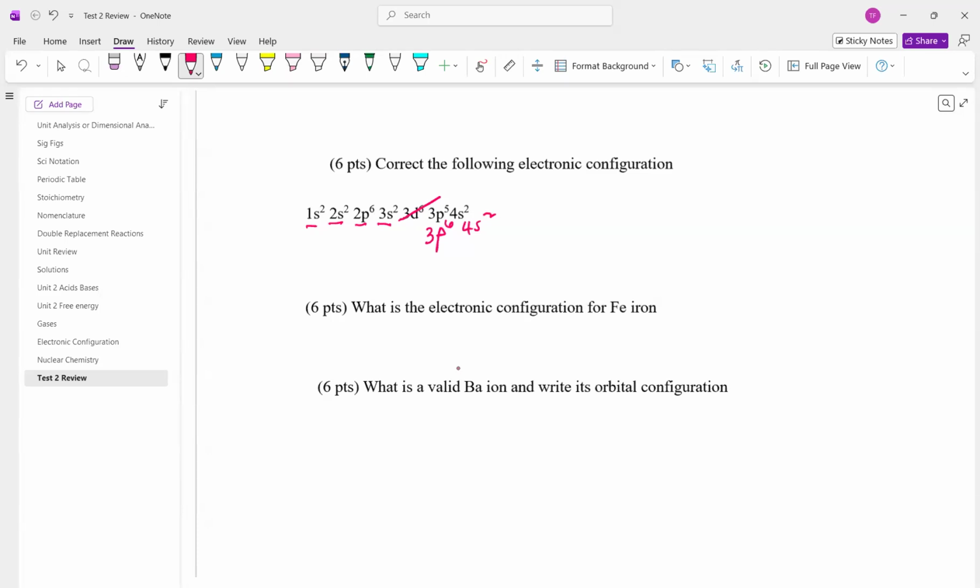Okay? For example, I could go, and that would be fine too. Just basically fill in the gaps it's missing.